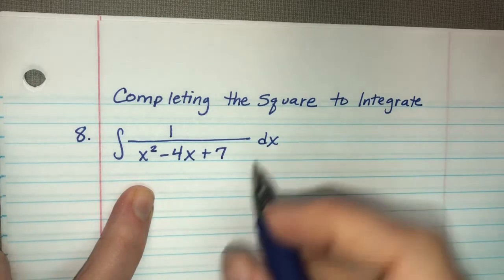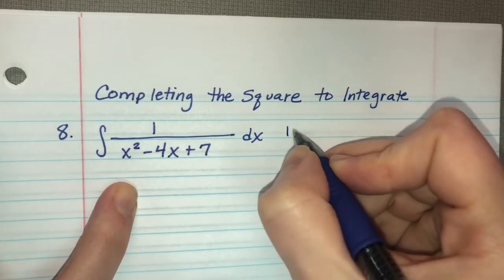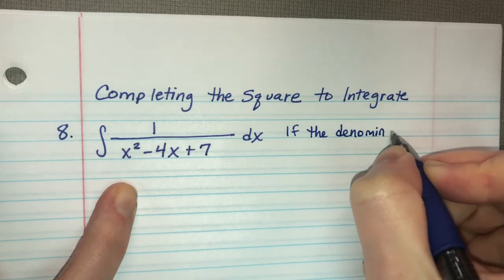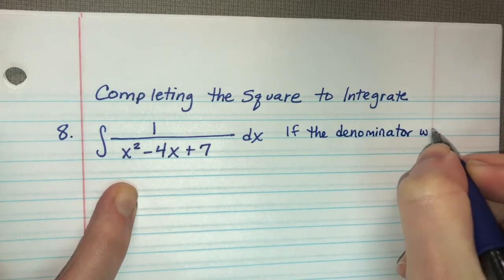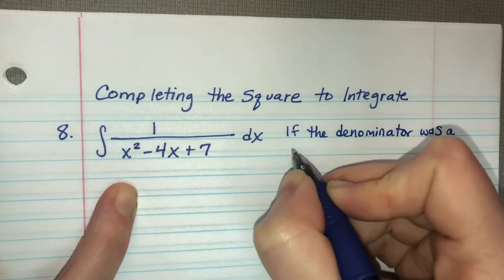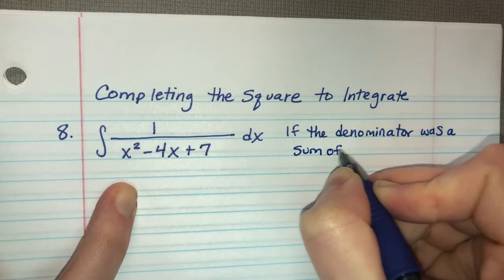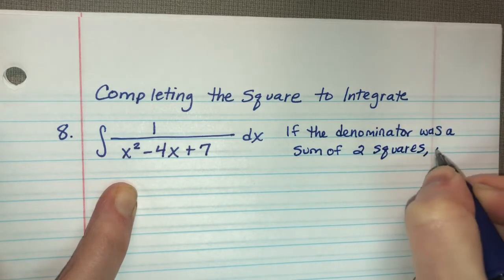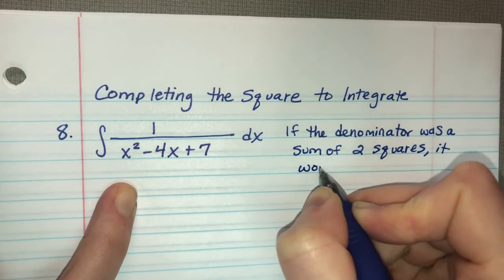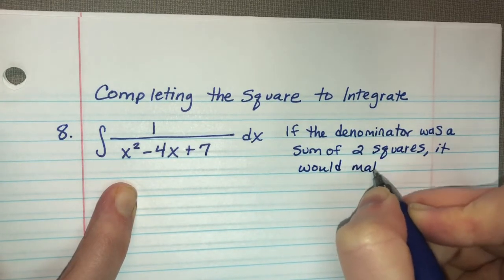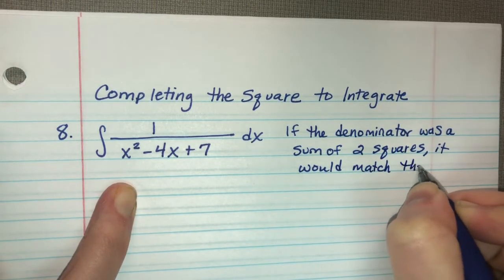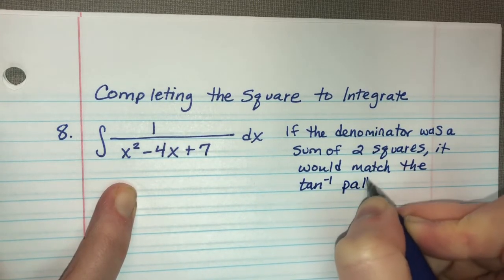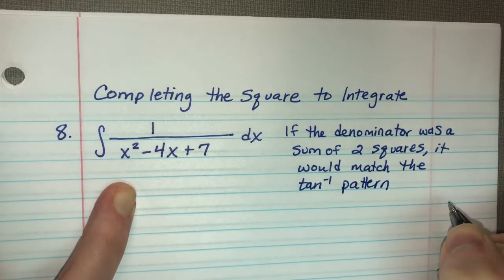And I want you to consider if the denominator was a sum of two squares, it would match the inverse tangent pattern for that formula that we looked at earlier.